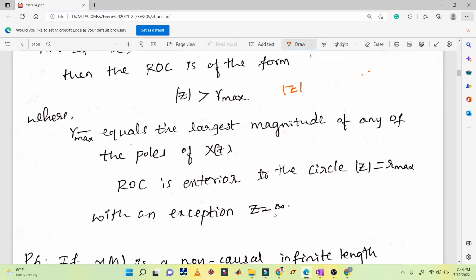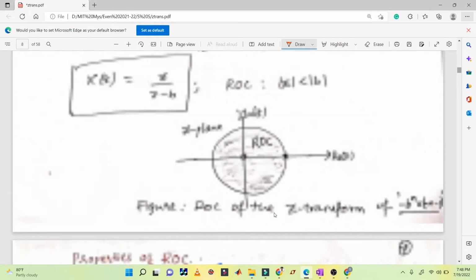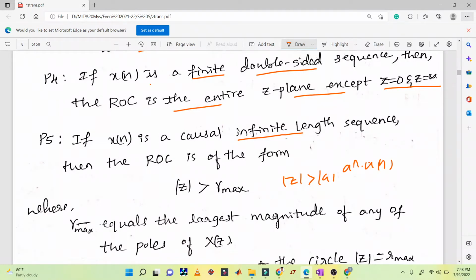Z is greater than a for a to the power n u of n. We have seen this, right? What is this a power n? It is a summation from 0 to infinity, an infinite sequence.